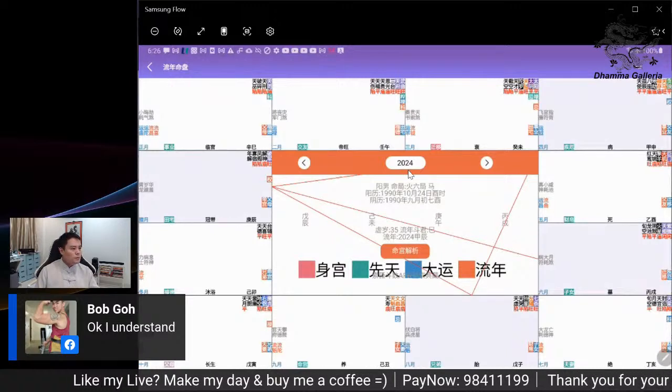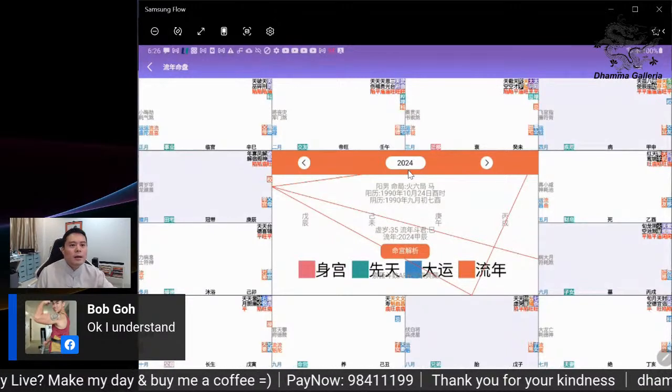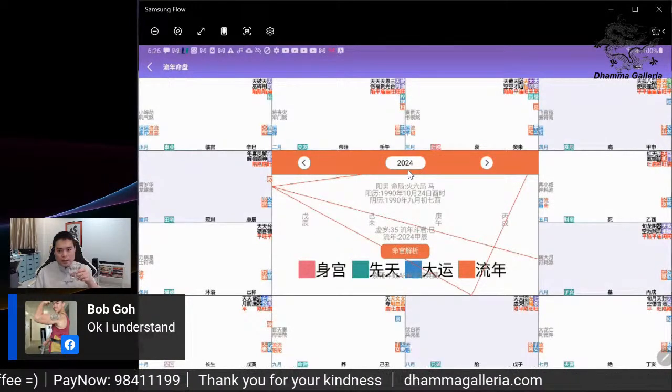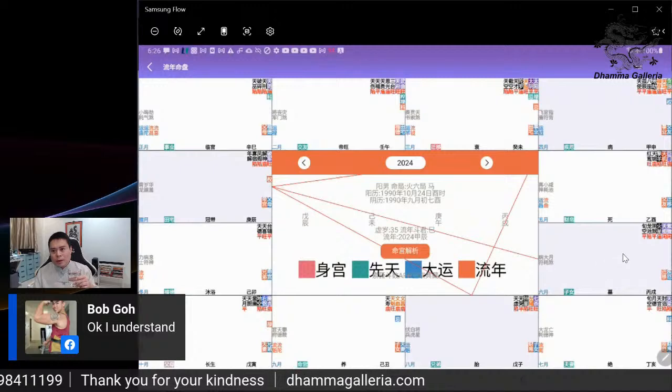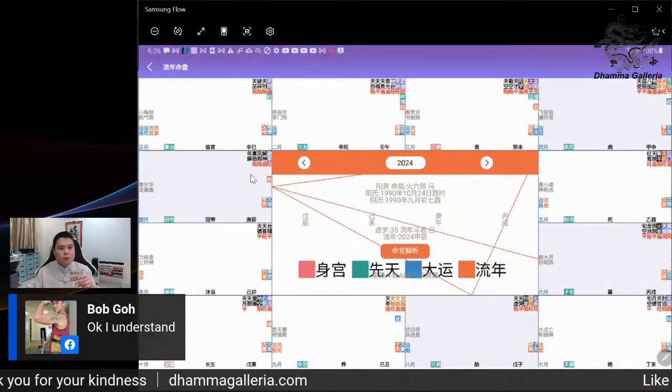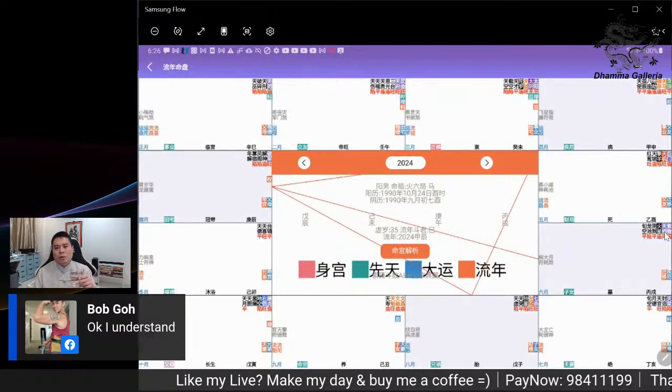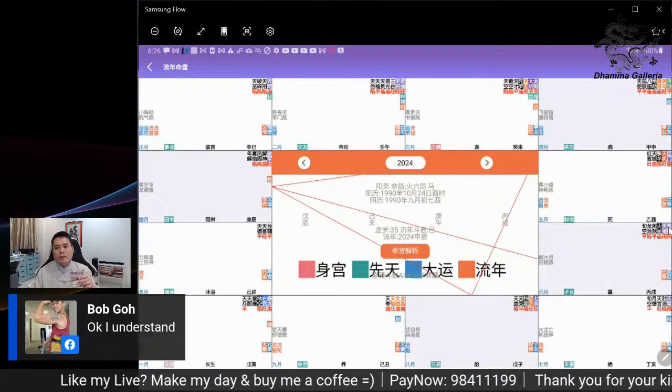Are you able to follow so far what I'm explaining? So don't worry too much. Within the year 2024, your fortune, 化权 is facing 紫微 and 天相. 紫微 is the best star in the 紫微斗数 system, the emperor star.